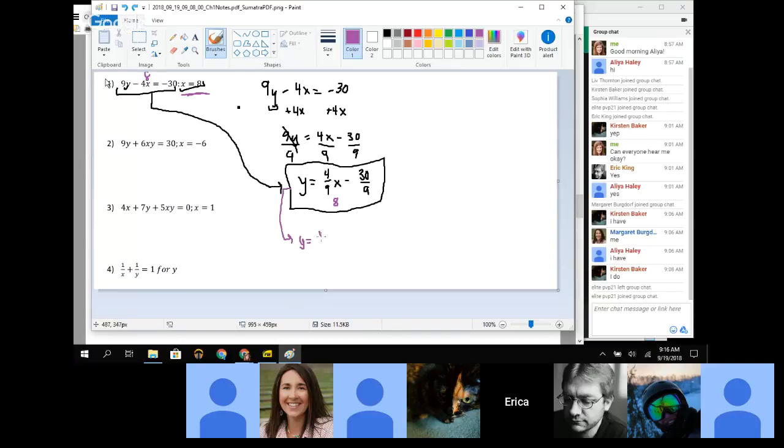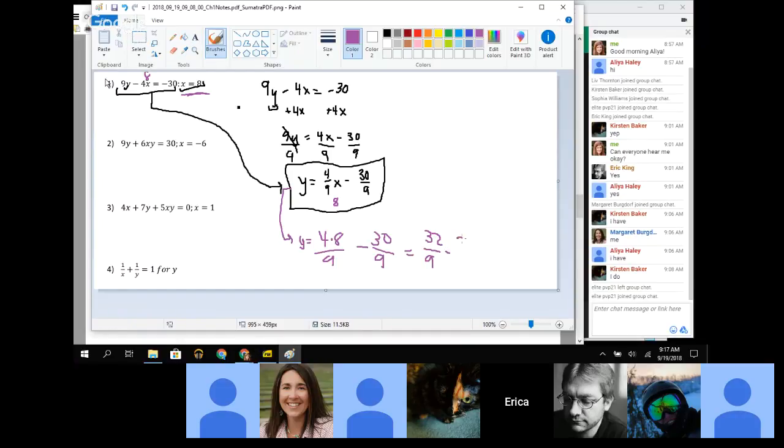All right, here we go. 4 times 8 divided by 9 minus 30 divided by 9. So 4 times 8 is 32. This is reviewing our fraction rules too, right? 32 over 9 minus 30 over 9.